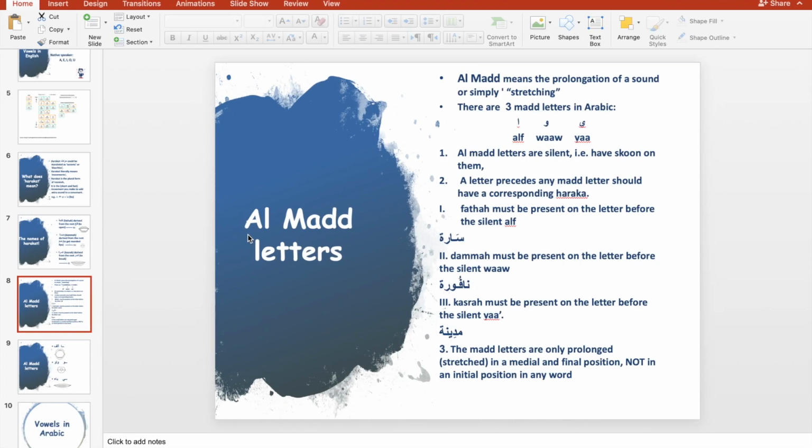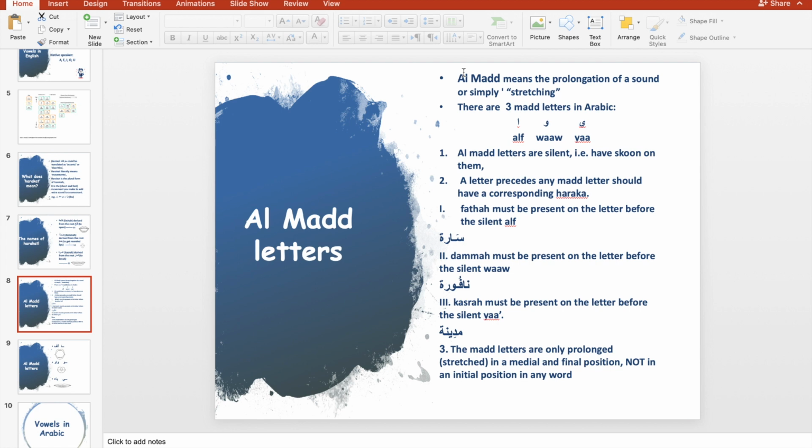Another important concept that we need to be aware of in order to grasp vowels in Arabic is what's called al-mad letters. Al-mad literally means the prolongation of a sound.